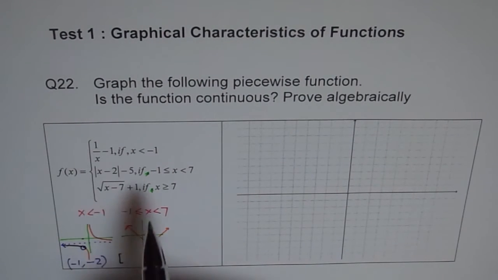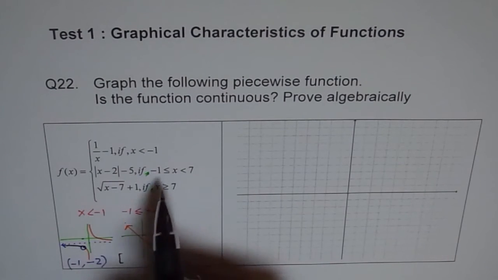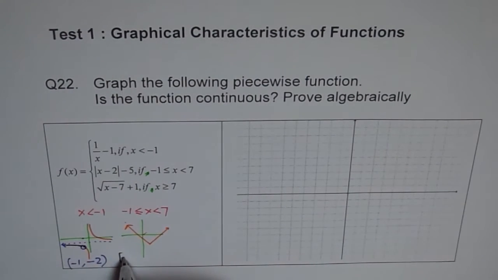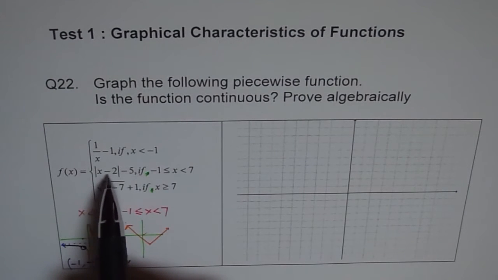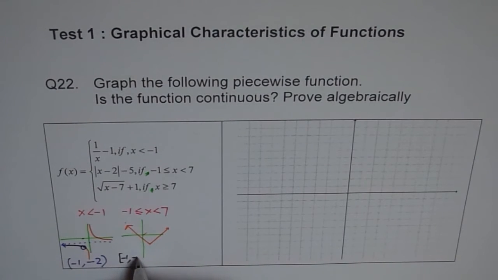Now again, when I plug in minus 1 here, my x value is minus 1, right? And the y value is minus 1 minus 2 is minus 3, which becomes 3 after absolute value, and 3 minus 5 is minus 2. So at minus 1 I have minus 2.